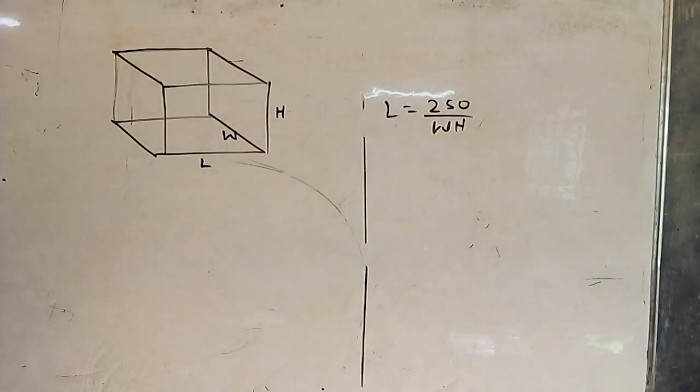Because you've been told the canvas is covering the top, back, and sides, the floor is not included. What else is not included?